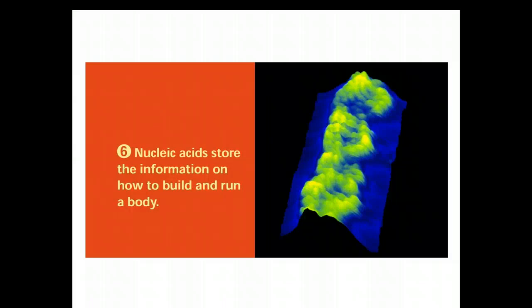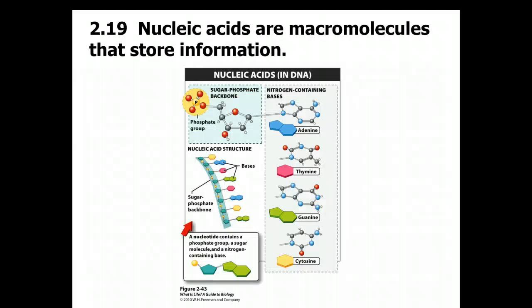Nucleic acids store the information. This is where the recipes are kept, how to build and run. If you look at it from a software analogy, it is the code which the hardware implements and executes. That's very similar. So we have 4 bases: adenine, thymine, guanine, and cytosine. Adenine and guanine, if you look at the structures, are purines, and thymine and cytosine, with very similar structures, are pyrimidines.